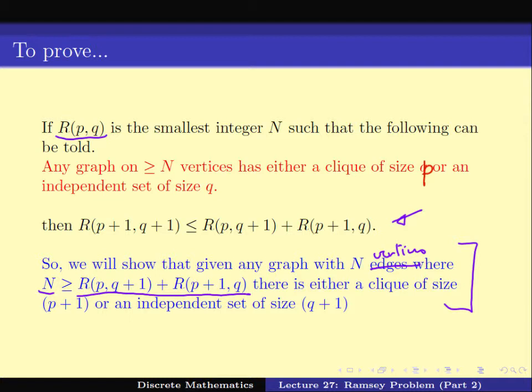Right? So this is what is required to prove.